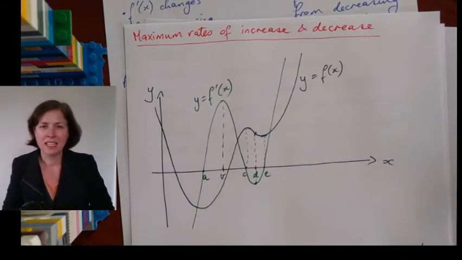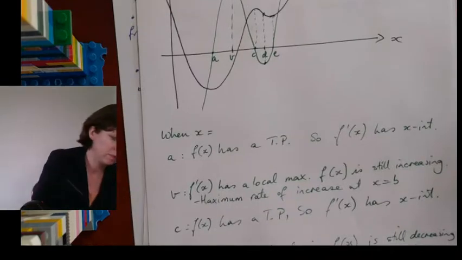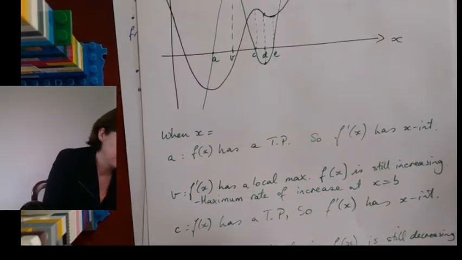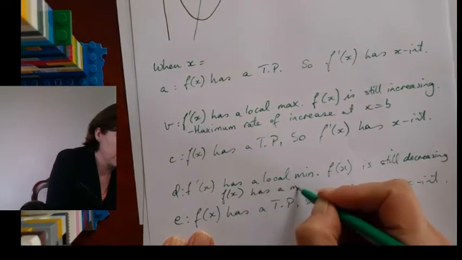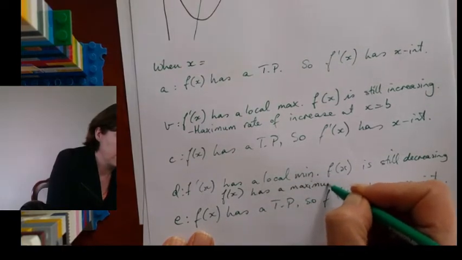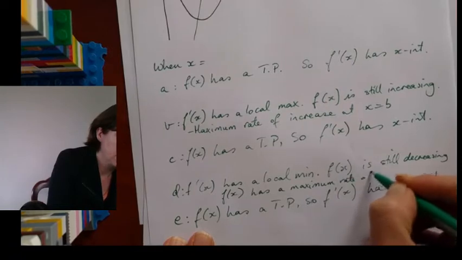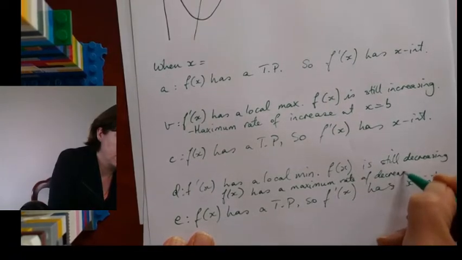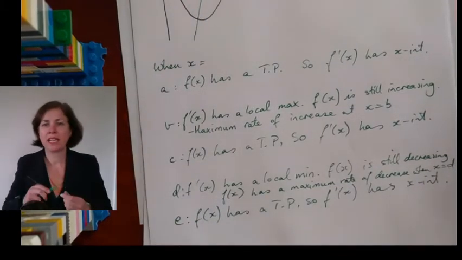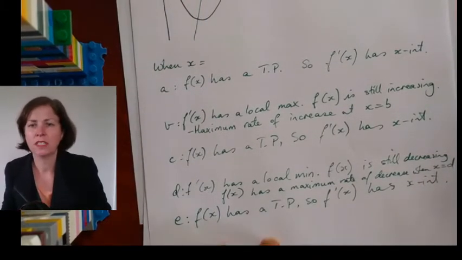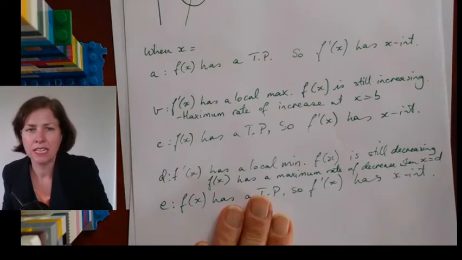So at that point, there is a maximum rate of decrease. So we have a maximum rate of decrease when x equals D.